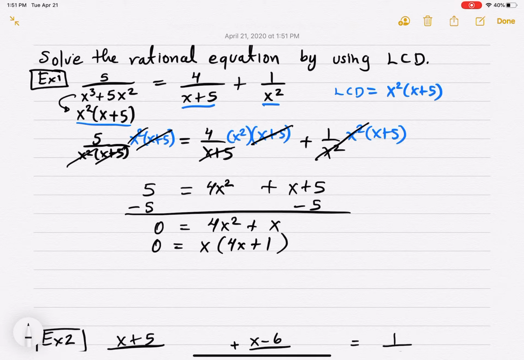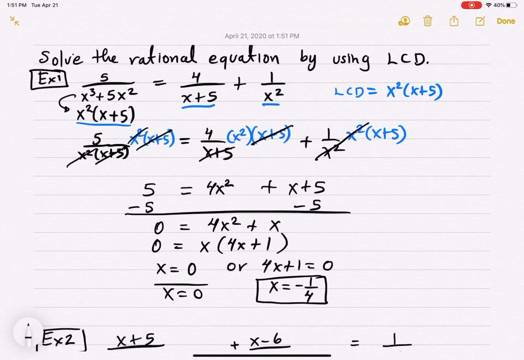The zero product property allows us to say that either x is equal to 0 or 4x plus 1 is equal to 0. And so x is equal to negative 1/4 if you solve for x in this simple linear equation, and x is equal to 0. Now we have to be careful when we write the answers, because we think it's the answer, but take a look at this.